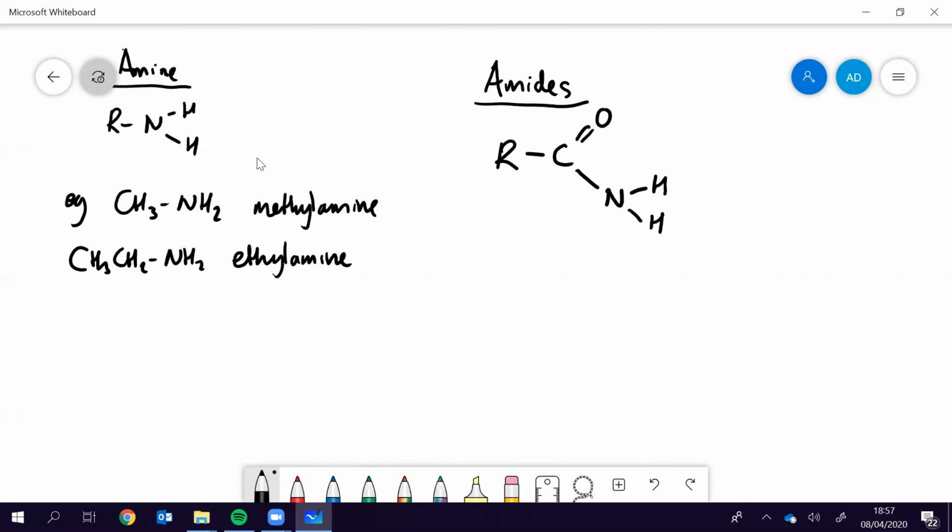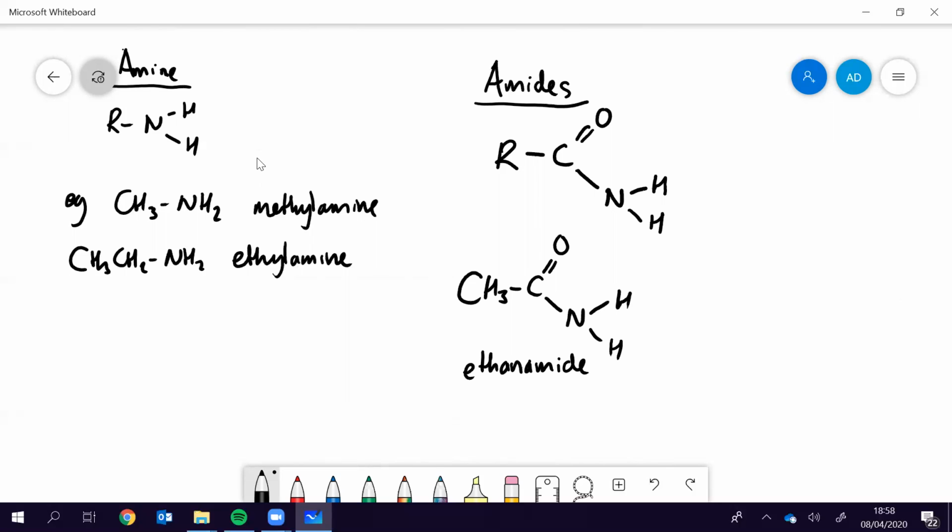So we could have this, which is called ethanamide. If it was three carbons, it would be propanamide, and so on.